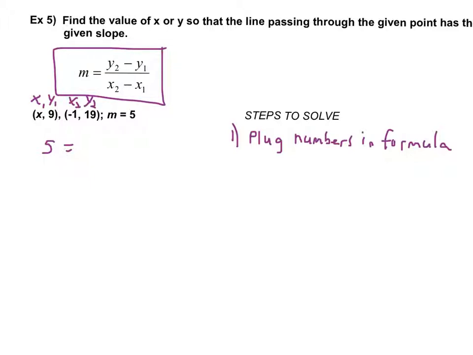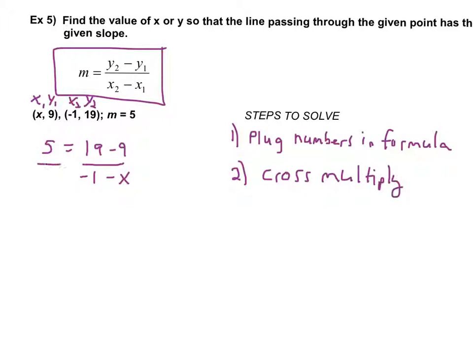So I know that y2 is 19, and y1 is 9. And then on the bottom, I know that x2 is -1, and I don't know what x is, so I'd put minus x there. Now what I would do is use what I learned in the last unit, that I'm going to cross multiply to solve.